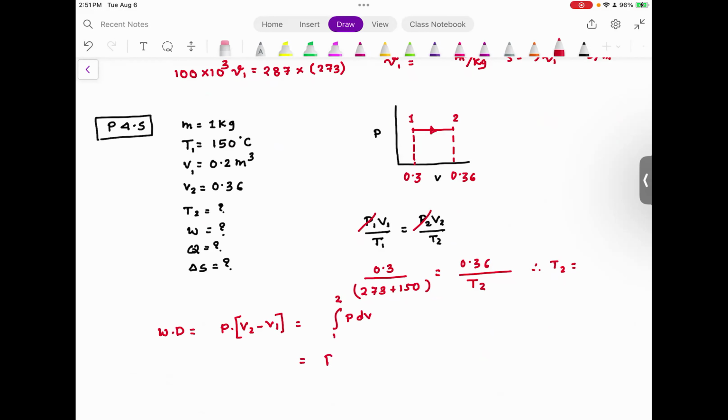P is constant, so that comes out. So you have dV from 1 to 2, and you get P times V2 minus V1.